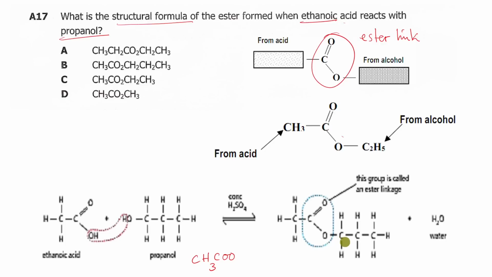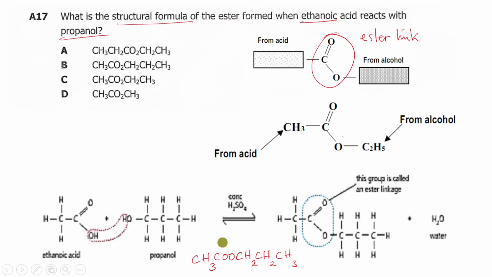Then you give this one C, it has 2 hydrogen, so C2, and this one again has 2. Then this one has 3 hydrogen, CH3. So you have formed a molecular formula.